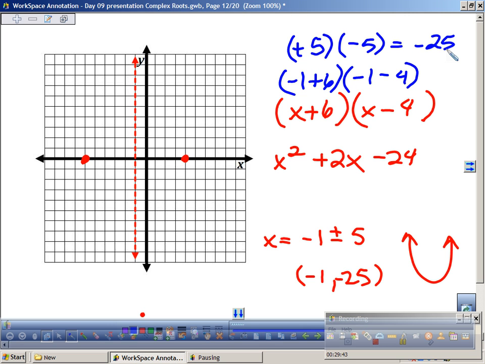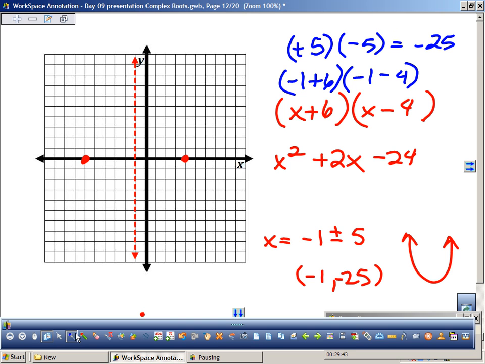I squared the distance away from the axis of symmetry. I considered the fact that it's going to be a positive graph, which means it must be negative. Right? If it's a graph that looks like this, it's going to have to be negative.